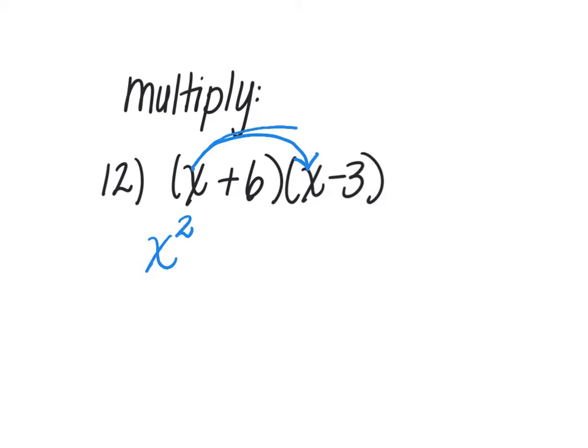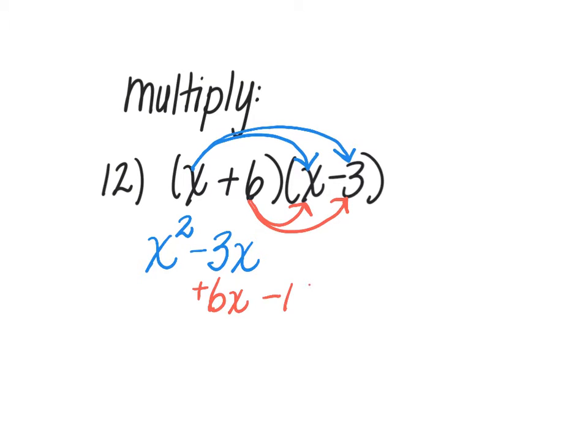Then we'll multiply x times a negative 3, which becomes a negative 3x. Now I finished distributing the x, so now I'm going to distribute my 6 to the terms in the second parentheses. So 6 times x is a positive 6x, and 6 times negative 3 is negative 18.